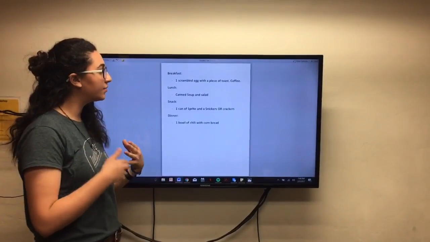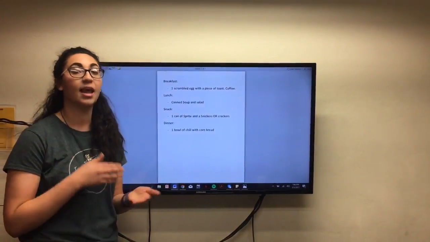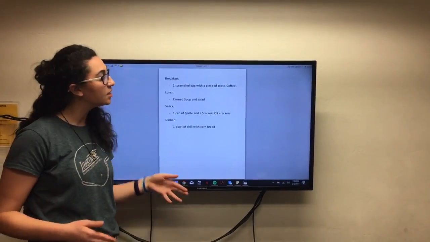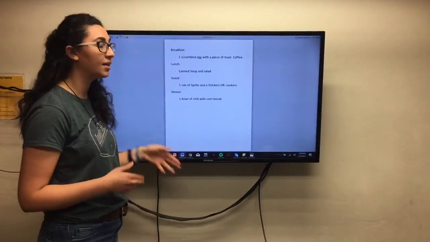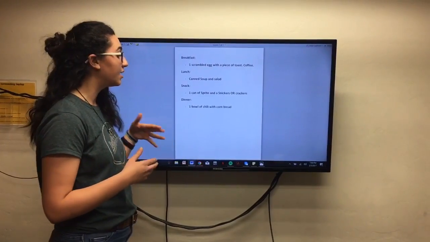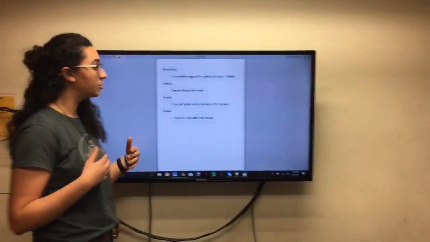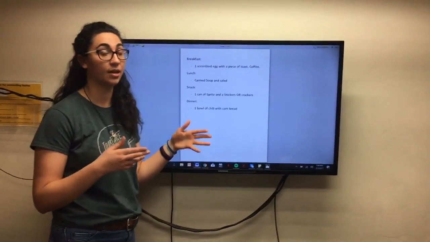But since we're kind of just briefly looking at his diet right now, we're not exactly using the exchange list and calculating the amount of calories. Just by looking at this, my colleagues and I can tell that he's not eating enough for his height and weight, and that this may be contributing to his malnourishment characteristics that we'll see later on when we look at the chart.